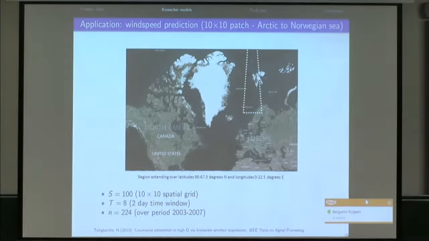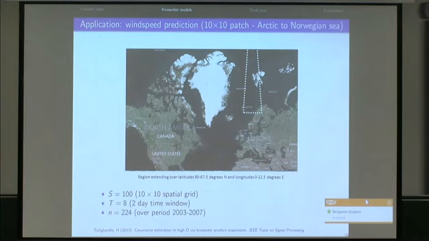And then this just shows an application to a wind speed prediction problem where you have a 10 by 10 patch from the Arctic to Norwegian Sea, and then you form a spatial domain of 100 pixel locations, a time window over 2 days. There are 4 samples per day from this National Center for Environmental Prediction data.